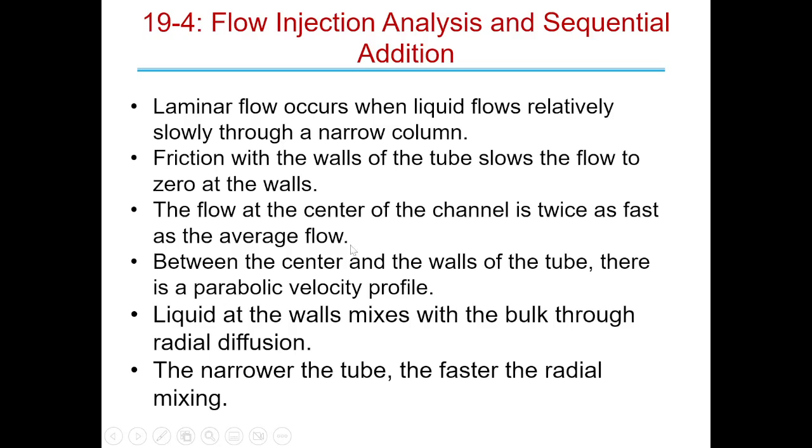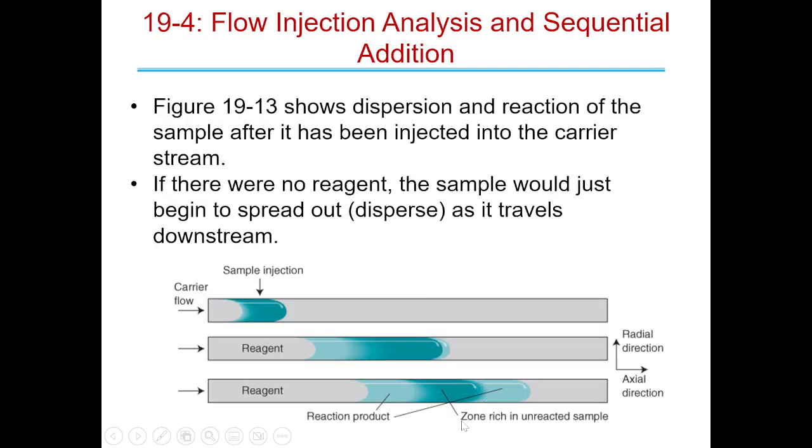Okay? So the flow at the center of the channel is actually twice as fast as the average flow of the entire tube. So between the center and the walls of the tube, there's going to be a parabolic velocity profile. And that's what creates this shape here. That's the parabolic velocity profile, right?